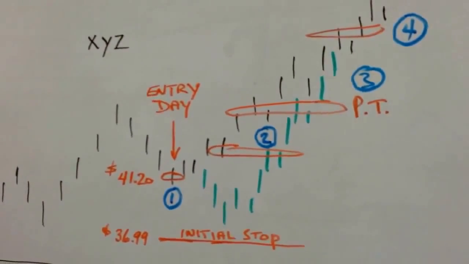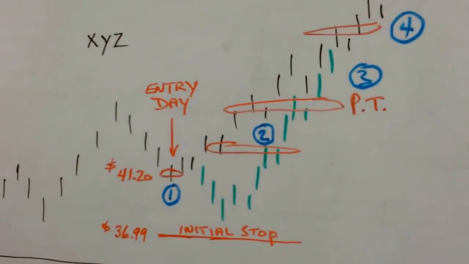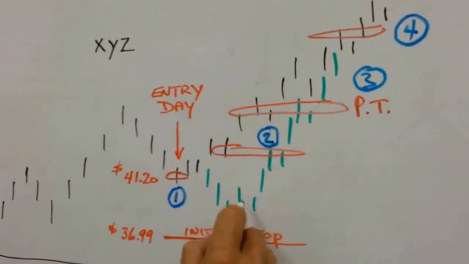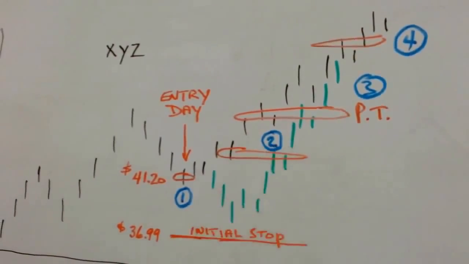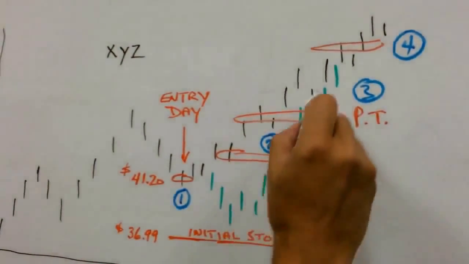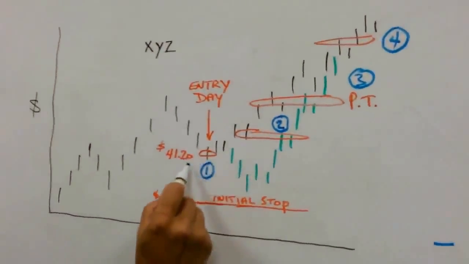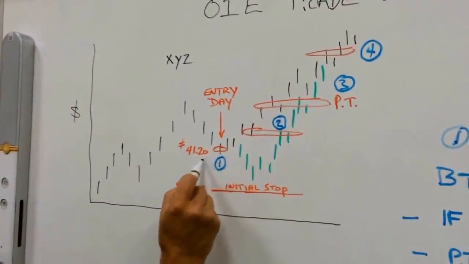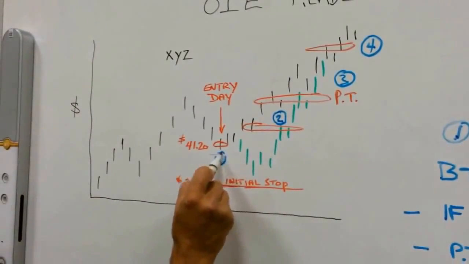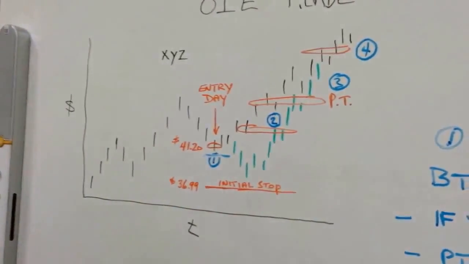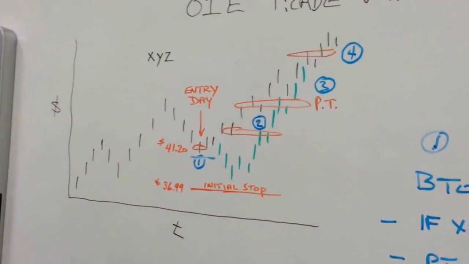But of course, the market doesn't always cooperate immediately, and sometimes it'll sell off first, like it did here with my green bars, and then go up. If we place that initial stop too tightly, like a lot of traders will put that stop in right in here, they're going to get stopped out and have a losing trade.